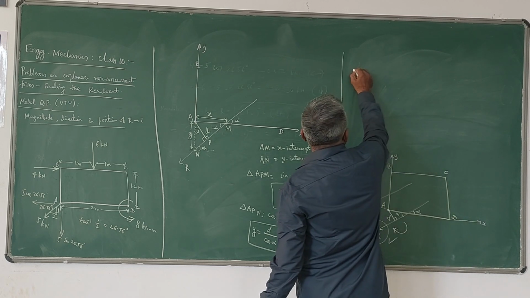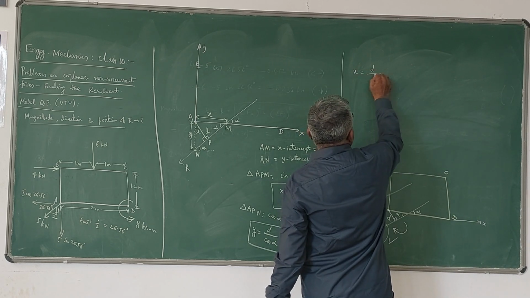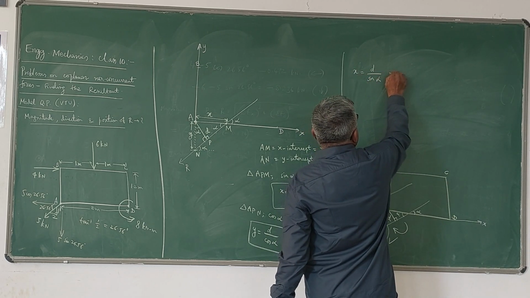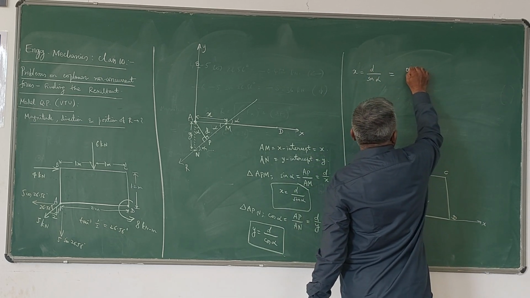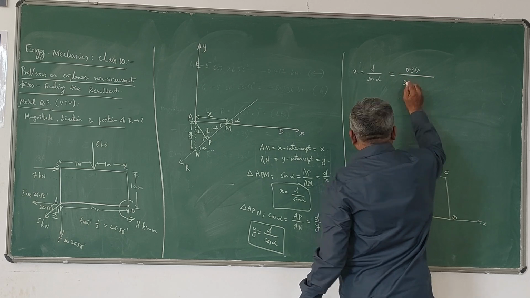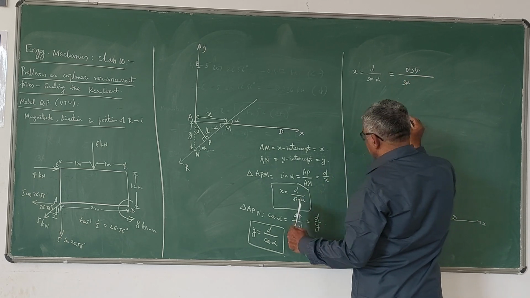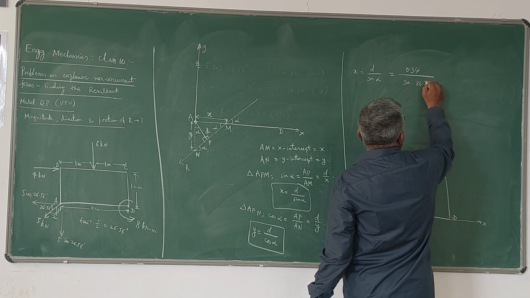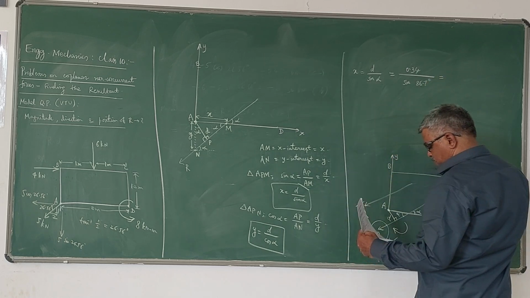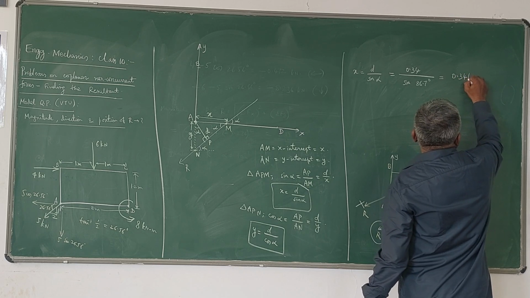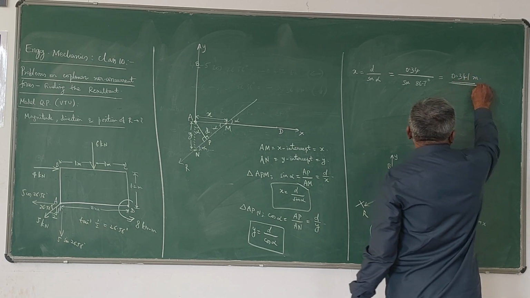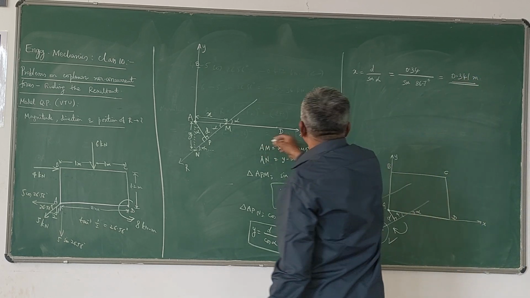Now in this problem, x is equal to D by sin alpha. D is 0.34 divided by sin of 86.7 degrees, which comes out to be 0.341 meter. That is the x-intercept, which is AM here.